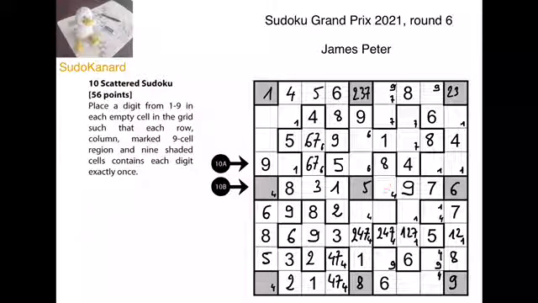And the remaining cells in this row must be 2 and 4. This one is not a 2. Note that 4 is not here. I've already pencil marked the fact that 4 is in one of those two positions.